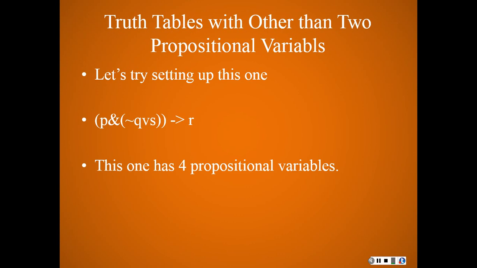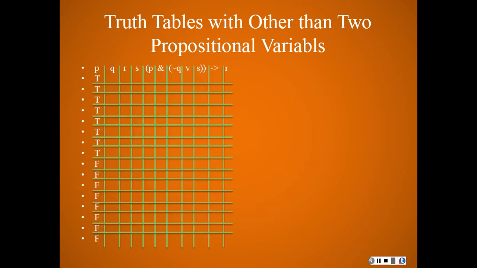That is 2 times 2 times 2 times 2, which is 16. So this truth table requires 16 rows. You can see that these truth tables quickly become quite massive the more propositional variables that one adds.